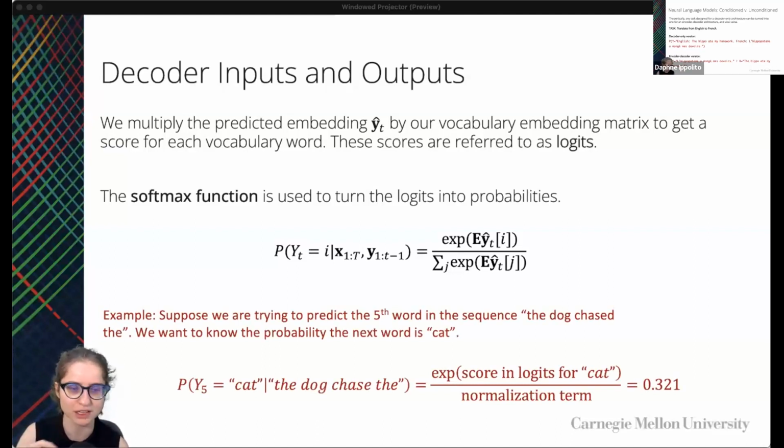So we look in that Logits vector for the position corresponding to cat, and then we divide this by a normalization term so that everything sums to 1. Then we might get that the probability of cat is 32%. This is how we get actual meaningful, interpretable numbers from the Logits that aren't just unnormalized scores.